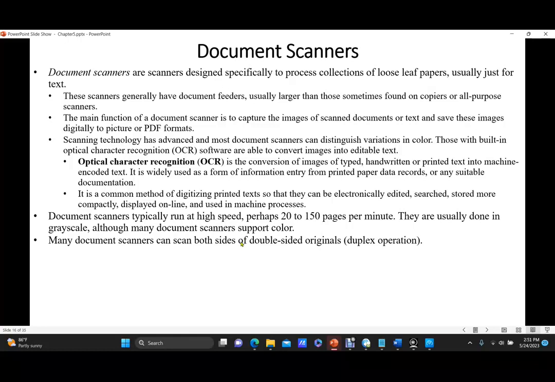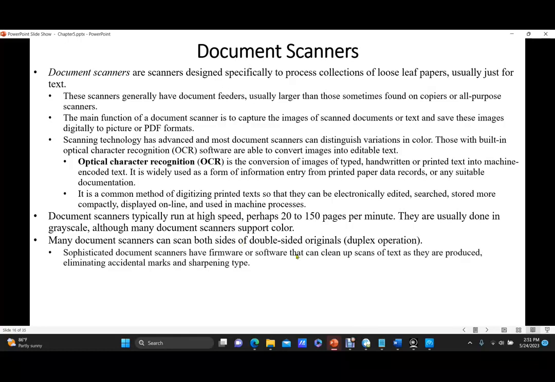They'll scan both sides of the papers. Sophisticated document scanners have firmware or software that can clean up the scans of text as they're produced, eliminating marks and sharpening up the text. Files created can be compressed as they're made.